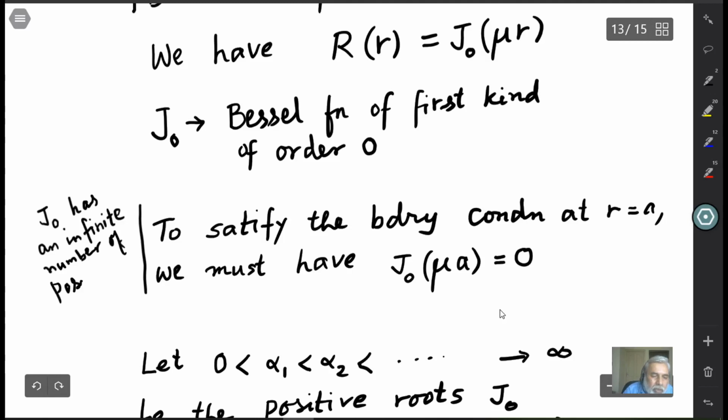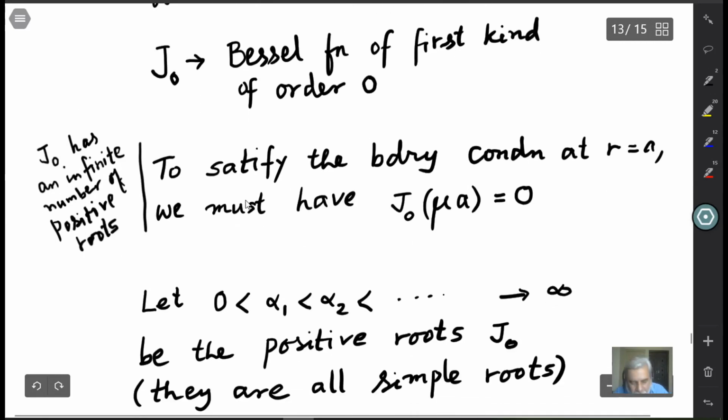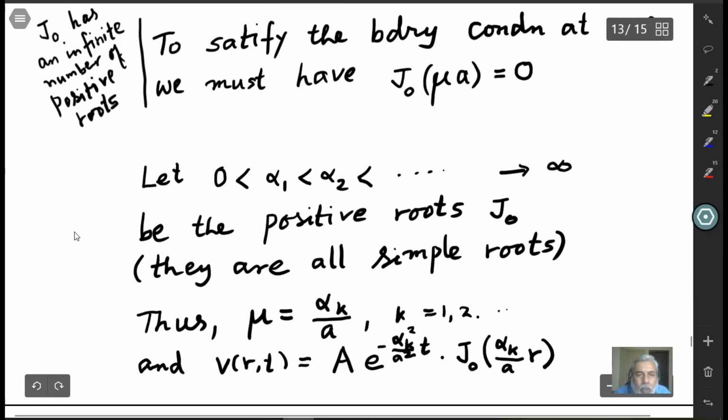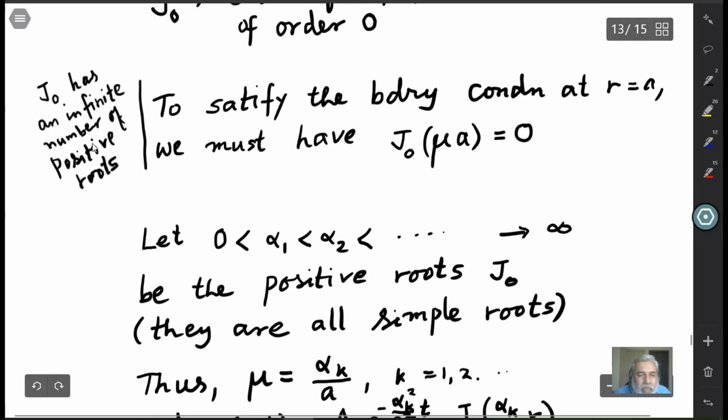Positive roots are zeros. That's an important property of this J0. It also has a close connection with the trigonometric functions, sine and cosine.